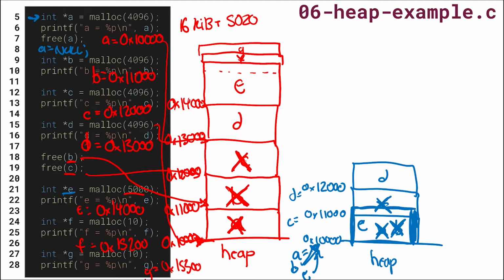And then same idea, we can stick F and G in this little bit of free space that's remaining. So if we reuse free blocks as efficiently as possible, what's the total amount of memory that this second program, reusing free blocks, has to use up?